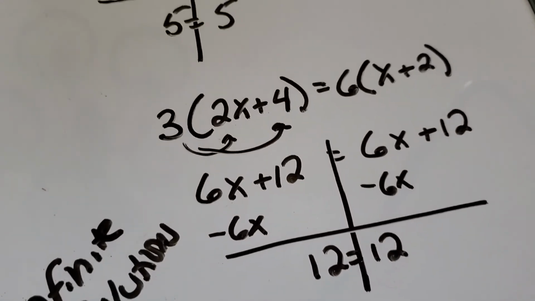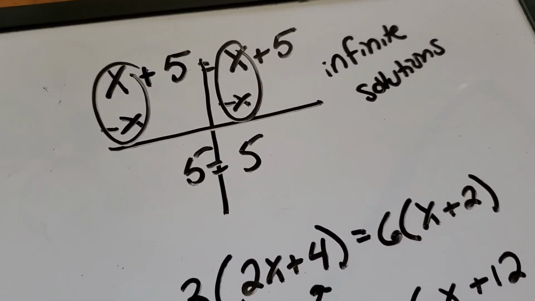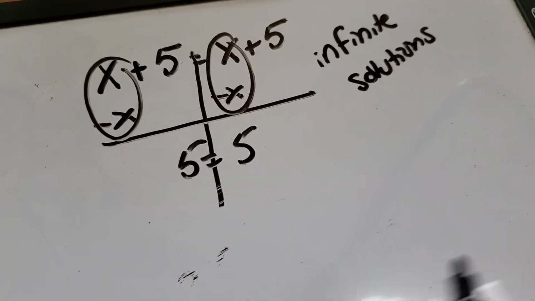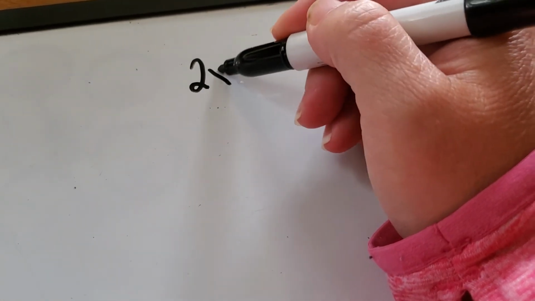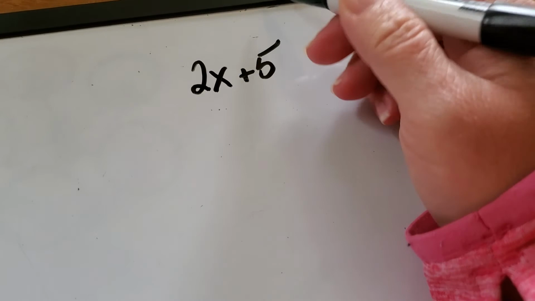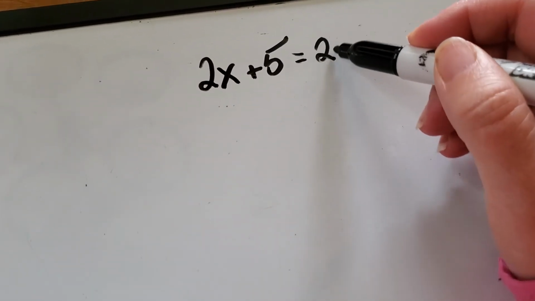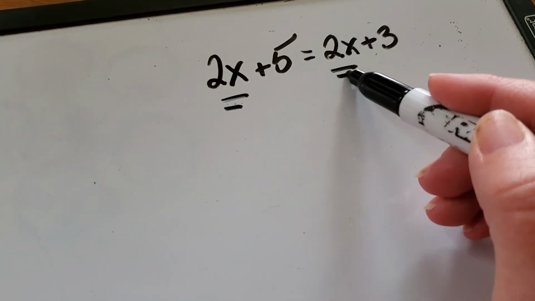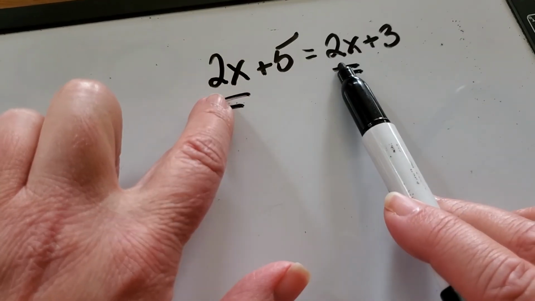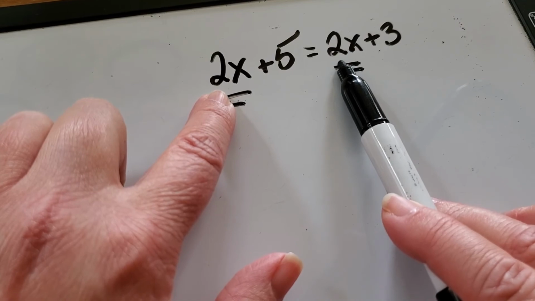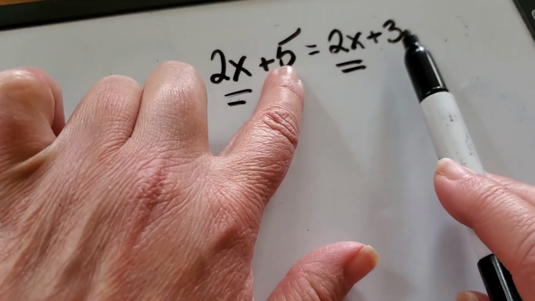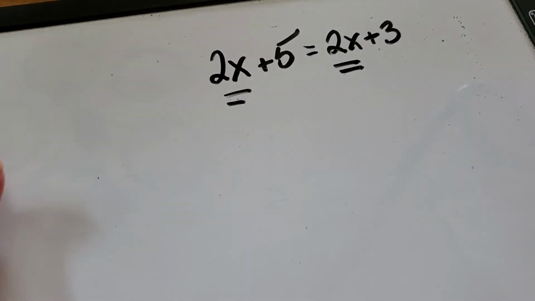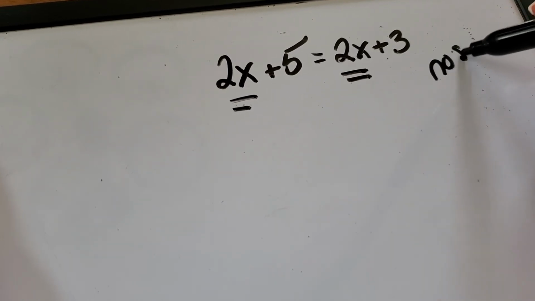So let's just go over that one more time because I feel like that's really weird and people often get confused. If the equation has something like 2x plus 5 equals 2x plus 3, in other words, the variable and the coefficient are the same on both sides, but you're adding or subtracting different numbers, that's when there's no solution.